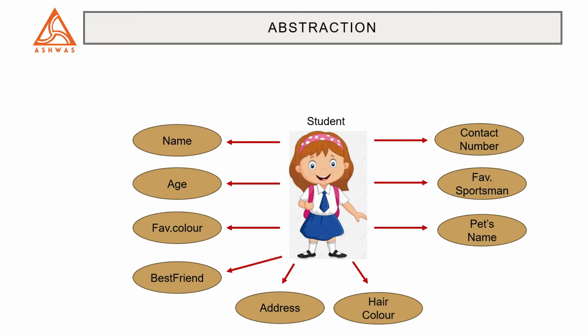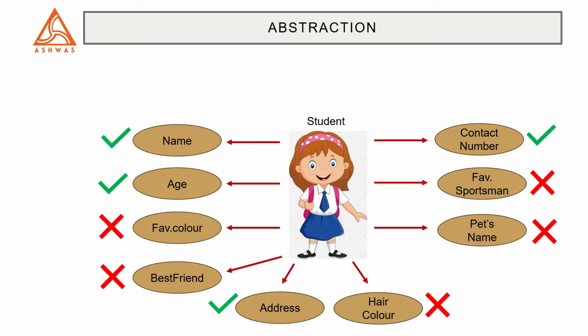If we look at this object, student, from the academics domain point of view, we soon realize that the attributes such as name, age, address, and contact number are relevant to the domain, while the others such as favorite color, best friend, hair color, pet's name, favorite sportsman are irrelevant.